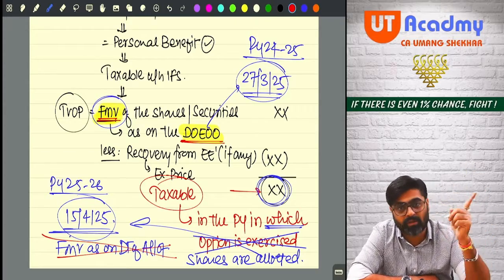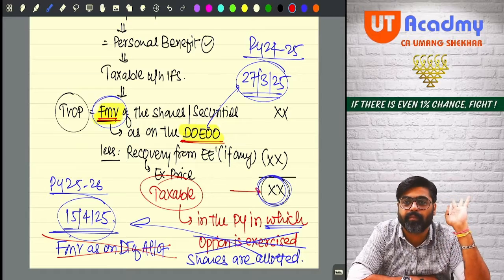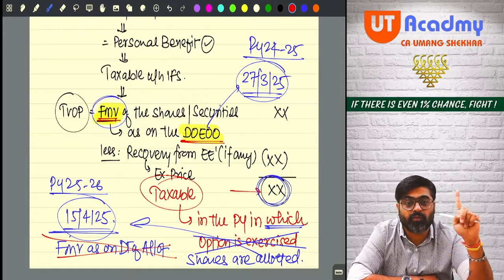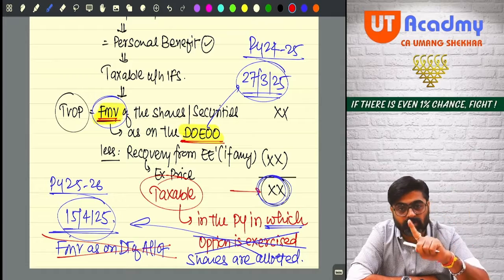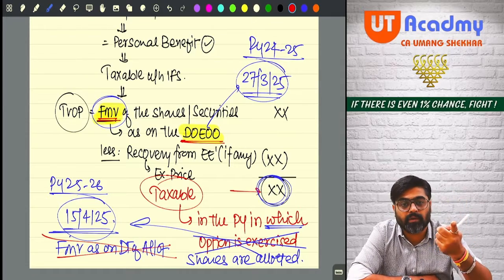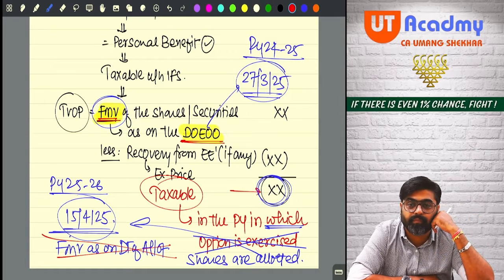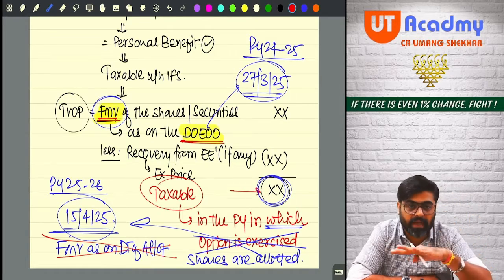But the value which you have calculated will be taxable based on the date of allotment. So date of exercise of option becomes relevant for the purpose of valuation. Okay. And the date of allotment will become relevant for the purpose of taxability. Done? This is the end of this perquisite.